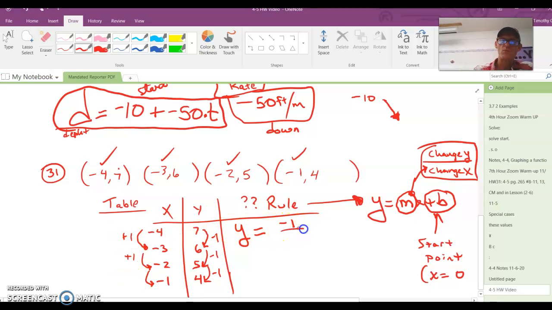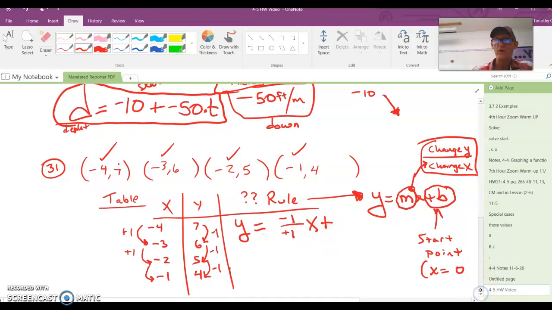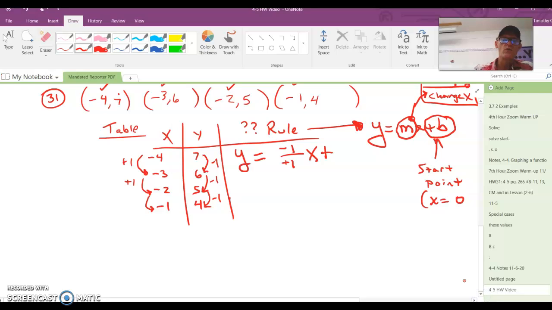So that's negative 1 over plus 1, which is negative 1, times x, okay, plus, well, we don't know when x is 0, so we have to figure it out. All right, so when x is 0, y is 3. So that 3 goes there. That 3 is the start point.